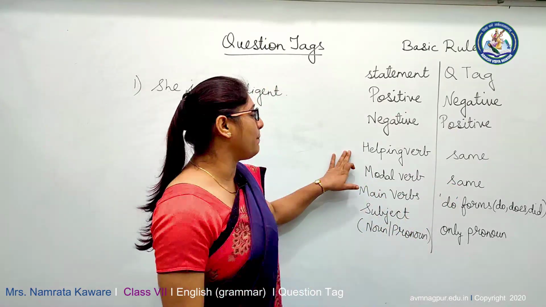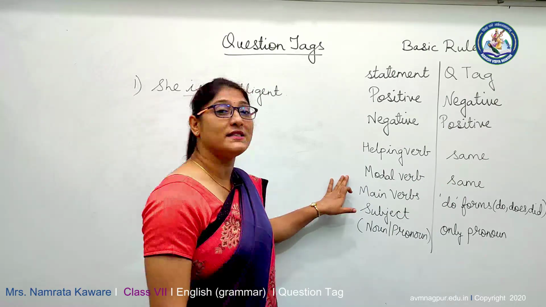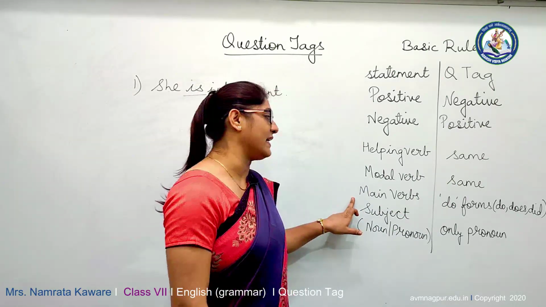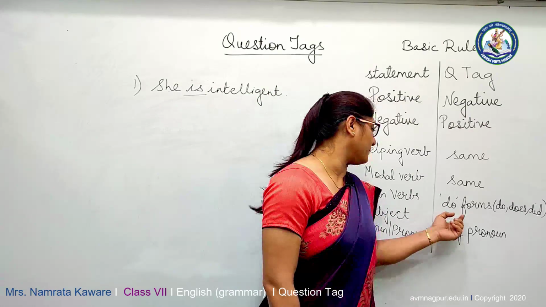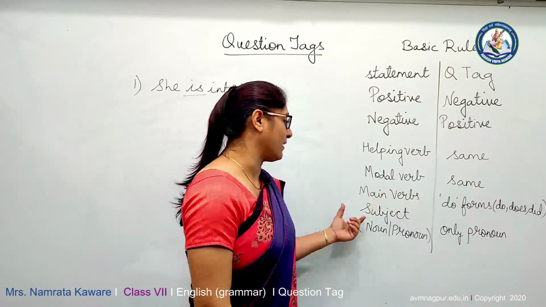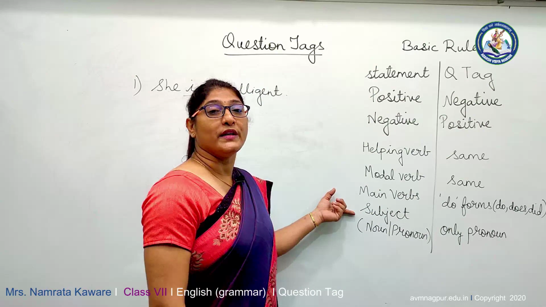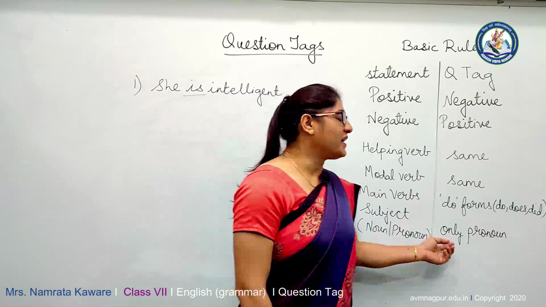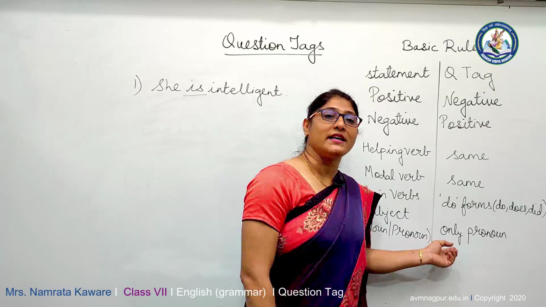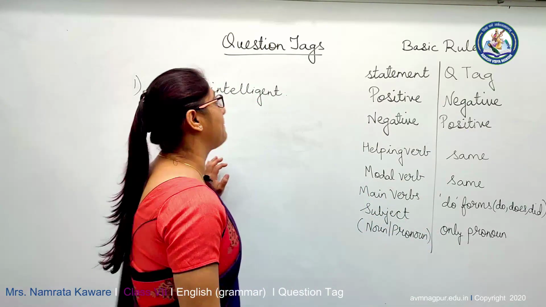If there are no helping verbs or modal verbs, that means there is only the main verb in the sentence, we write the do forms of the main verbs over here in the question tag. In the subject's place, whether there is noun or pronoun, it is mandatory to write pronoun always in the question tag. Let's see some examples first.